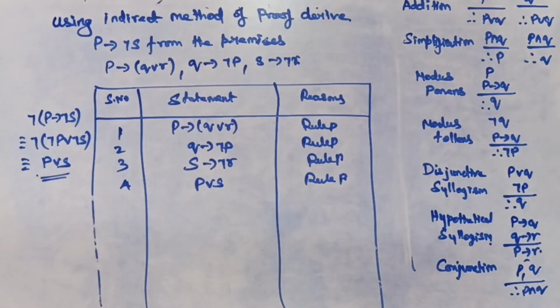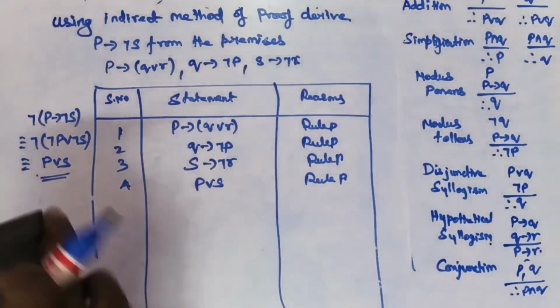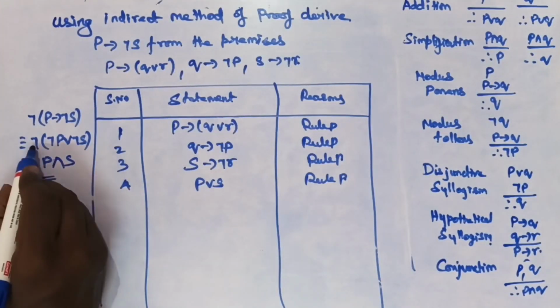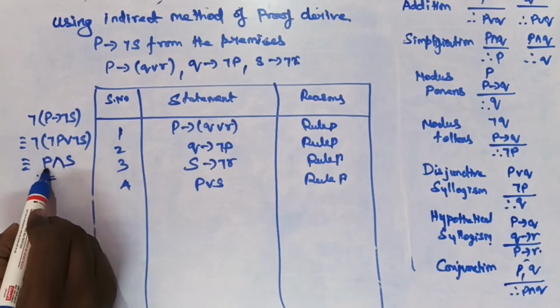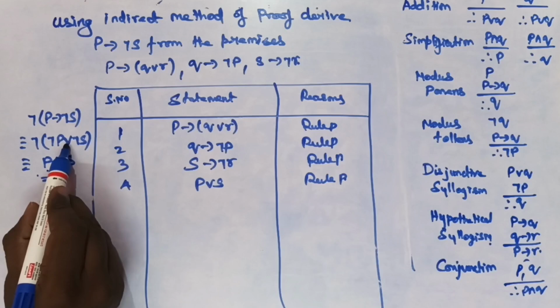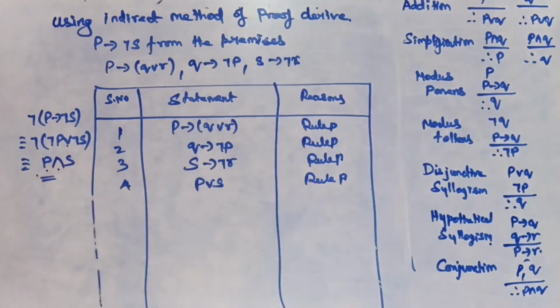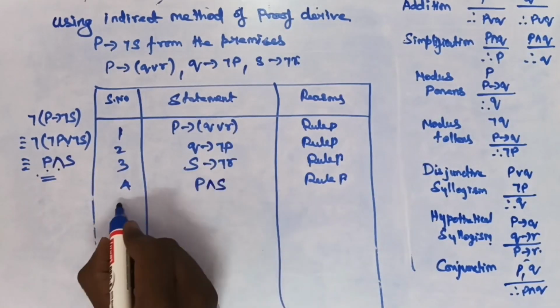So what can you do with this? That is P and S, because when De Morgan's law is applied, not of not P is P, and this is S, so here it becomes and.